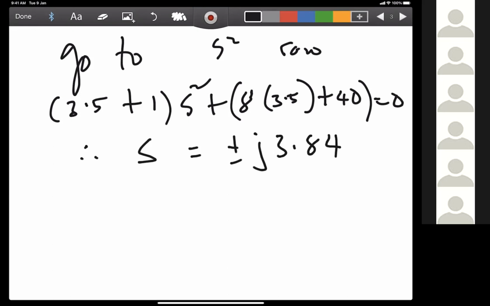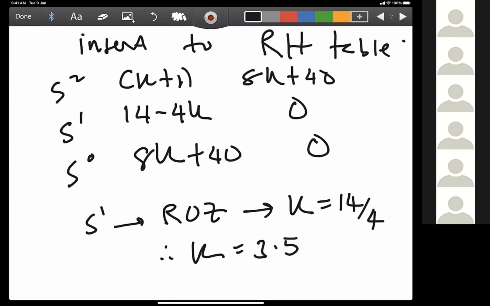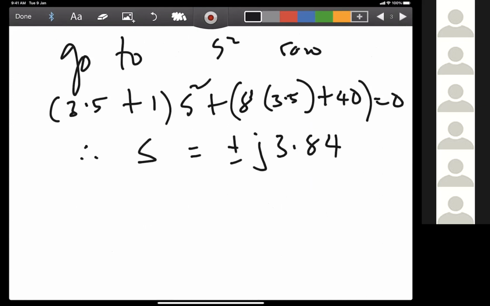Doctor, could you go to the previous slide? I missed the part. At s¹, we have a row of zeros, so we use the row of zeros technique to get the gain K, 14 divided by 4, which is 3.5. Then you insert the gain into the s² row, the auxiliary polynomial, and you will get s at plus minus j3.84.